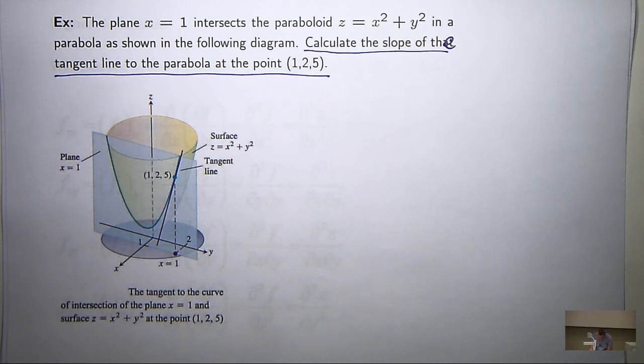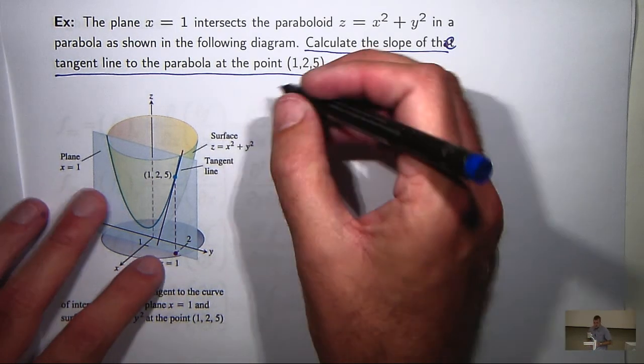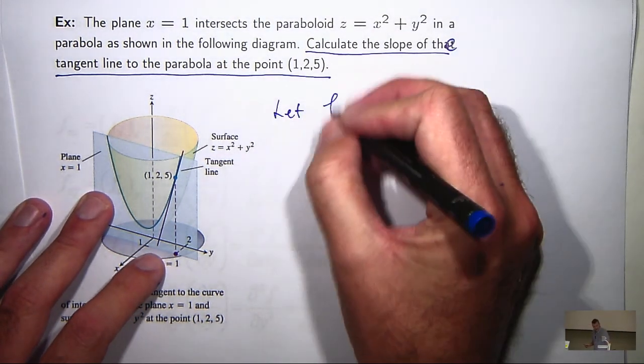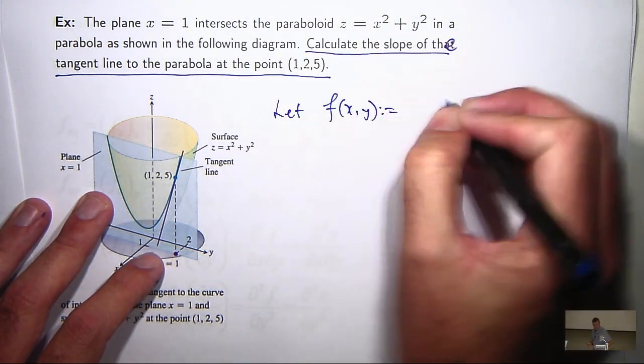No, we don't want that. So that's what we're looking for. We're looking for the slope of that particular tangent line.